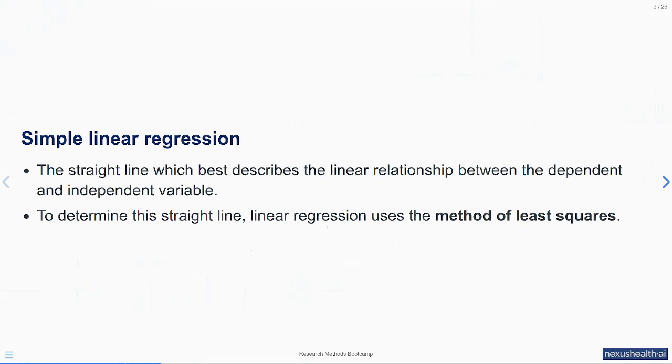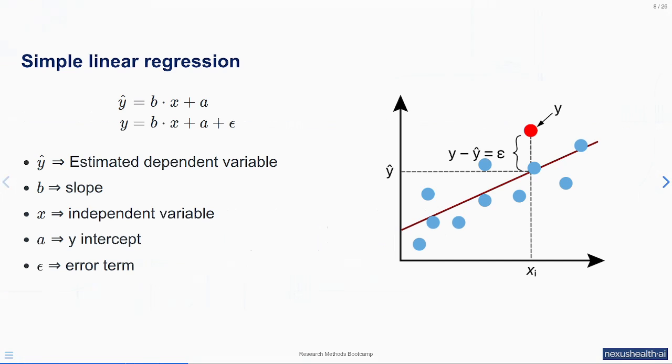The straight line which best describes the linear relationship between the dependent and the independent variable is another way we can think of simple linear regression. To determine this straight line, linear regression uses the method of least squares. What does that mean? Let us look at this graph. It shows a plot of a variable x against observed values of y.